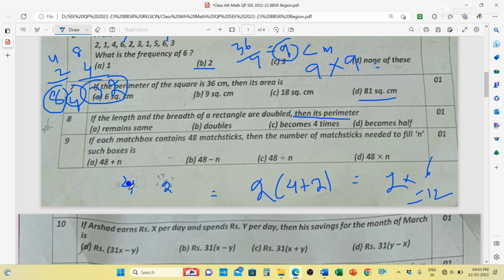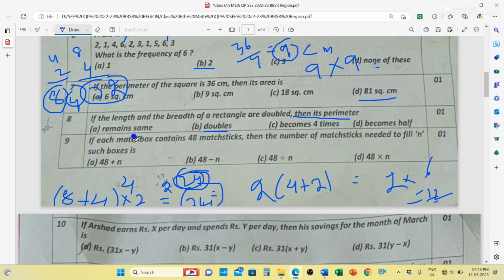Now we will double the length and breadth. So length will be 8 and breadth will be 4. Now 8 plus 4 is 12, into 2 is 24. Before it was 12, now it became 24. So it doubled, right? So if length and breadth are doubled, then the perimeter will also be doubled.